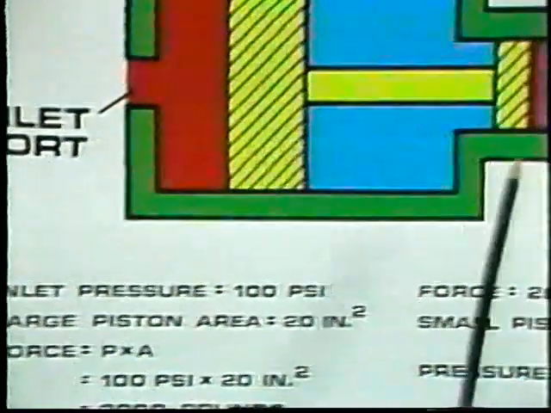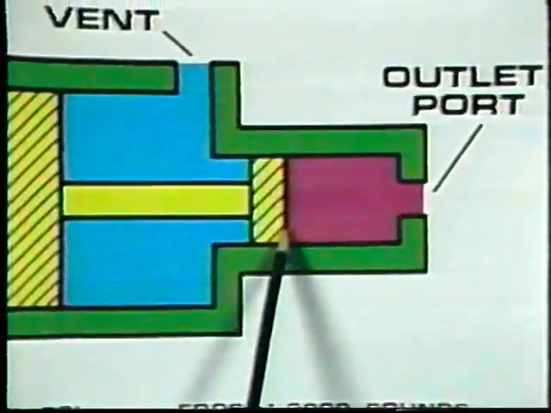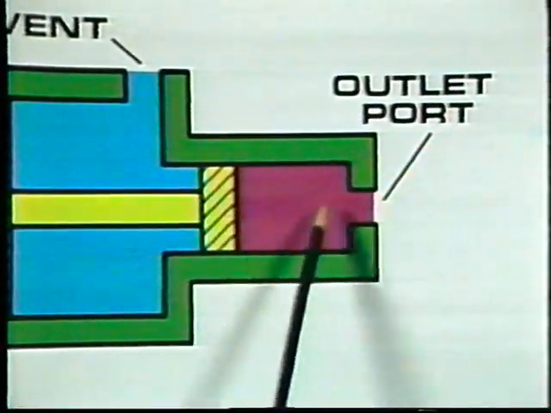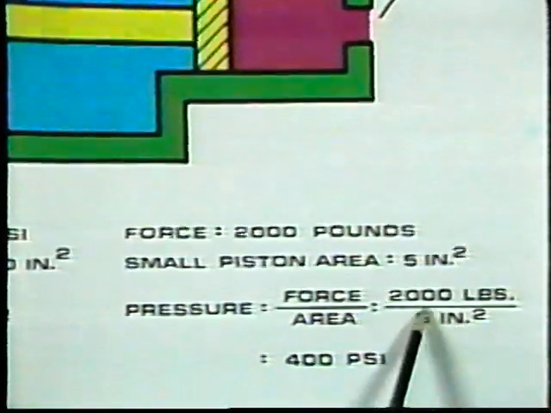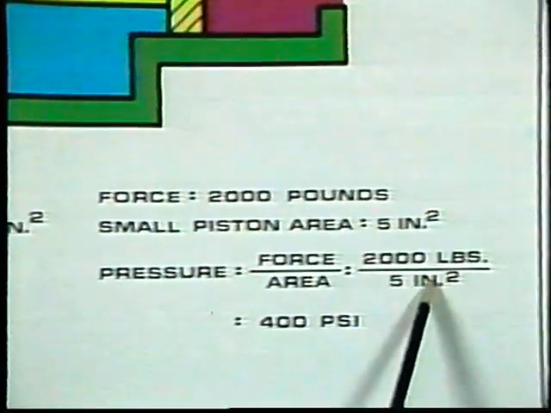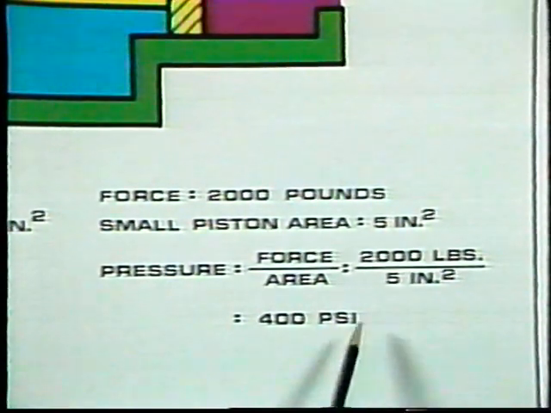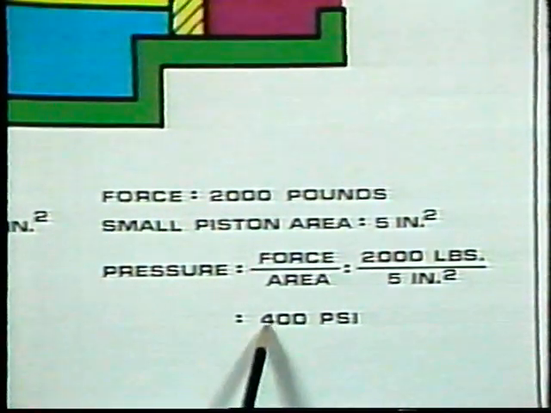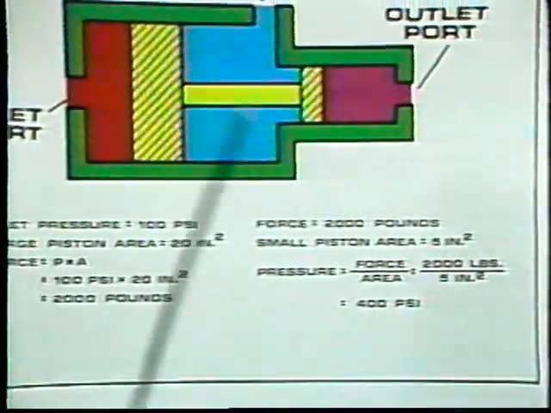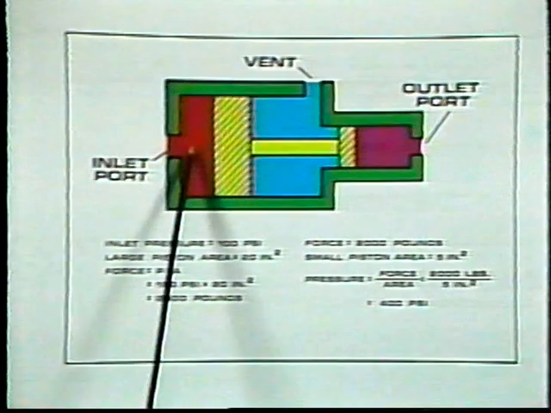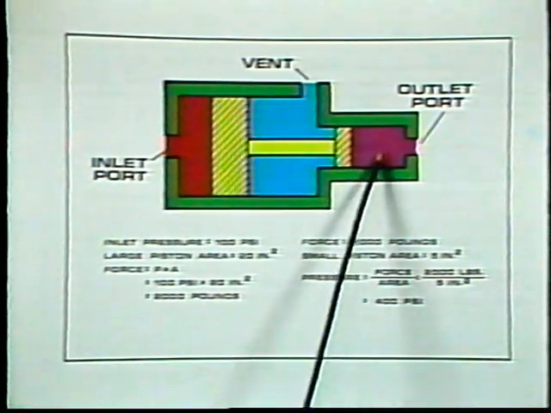Now, if the area of the small piston is 5 square inches, then the pressure at the outlet here equals the force, 2,000 pounds, divided by the area, 5 square inches, or 400 pounds per square inch of pressure. Thus, with the intensifier, we have increased the pressure from 100 psi to 400 psi.